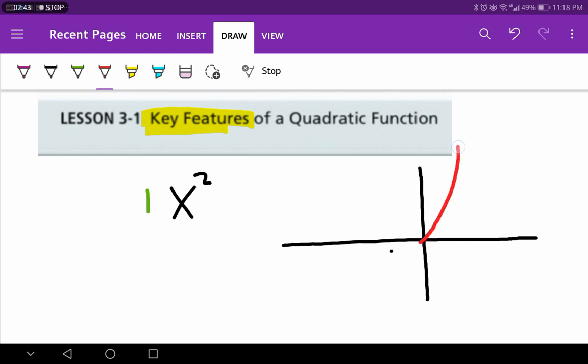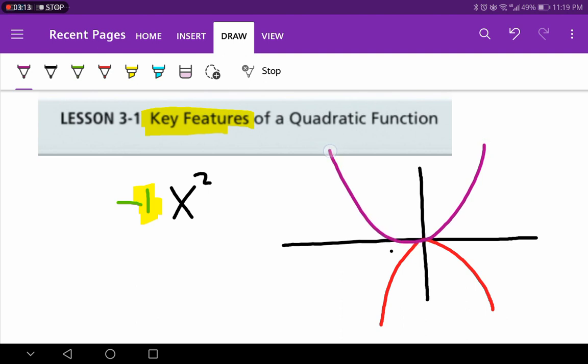And if a is -1, the graph will be flipped upside down, going downward like this. So this is for negative, and this is for positive, for the parent.